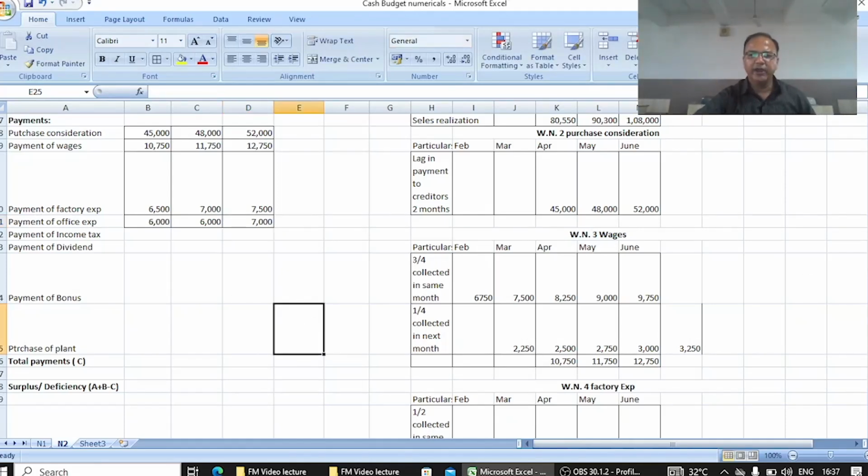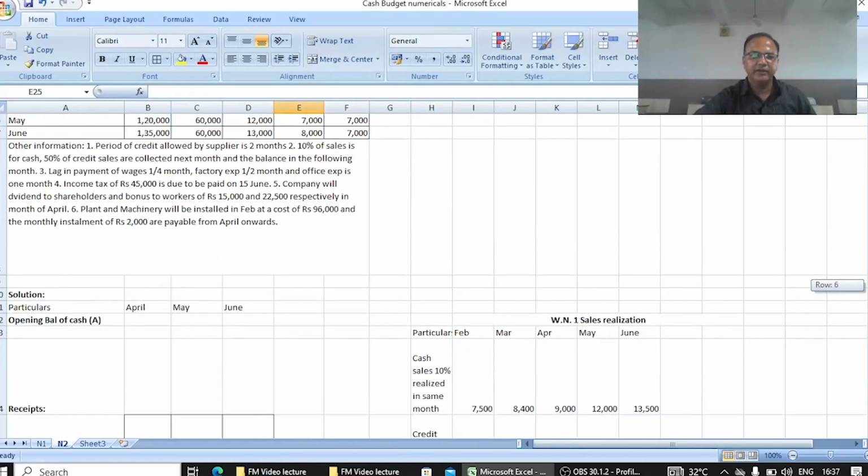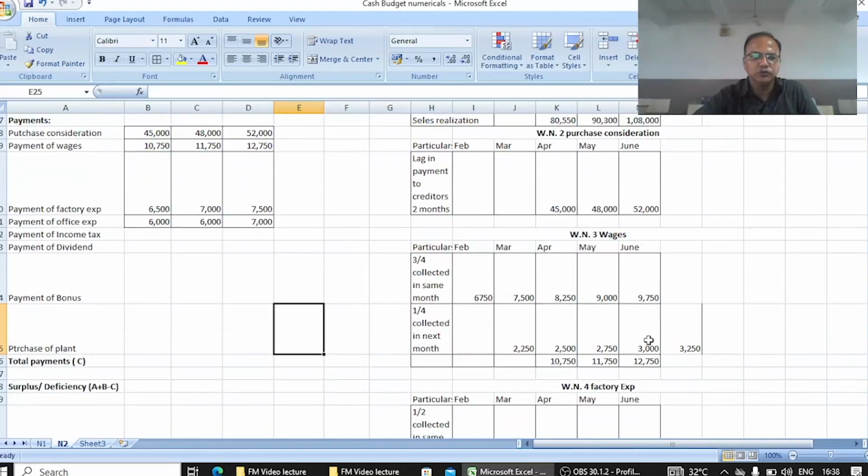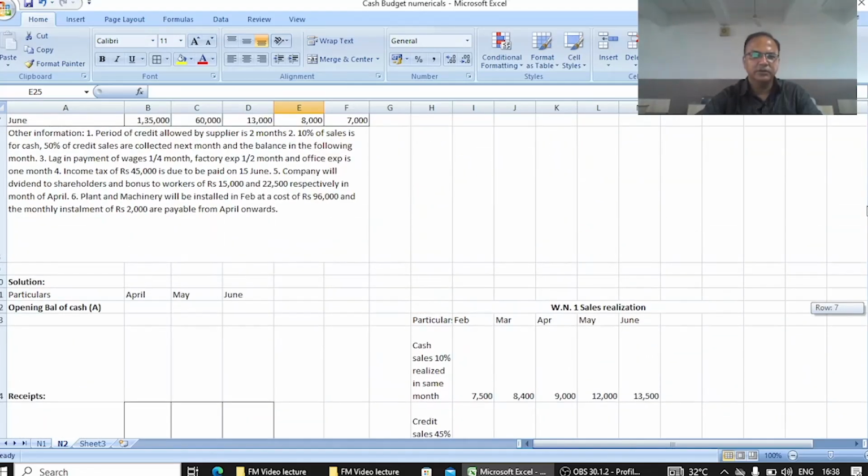Now payment of income tax and dividend. Here it is given income tax of rupees 45,000 is due in June. 45,000. Dividend and bonus.